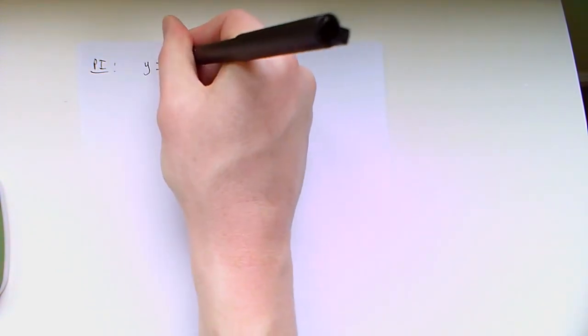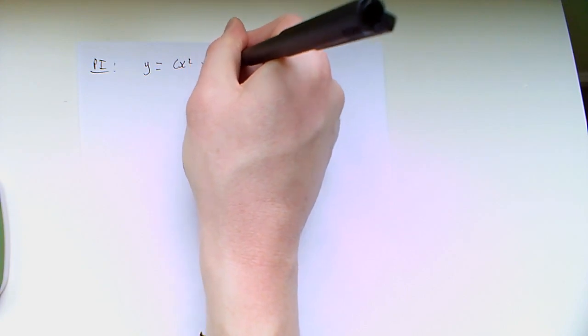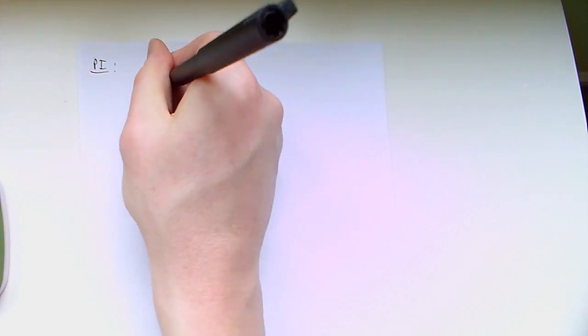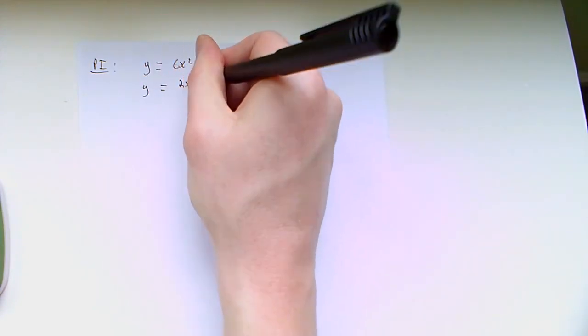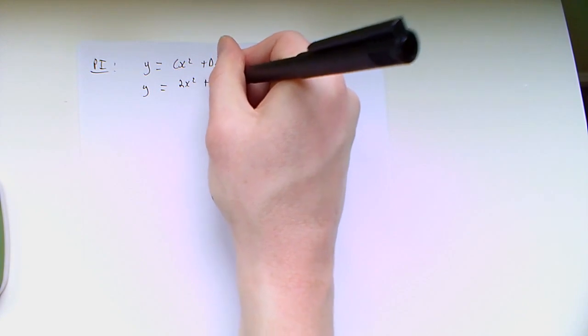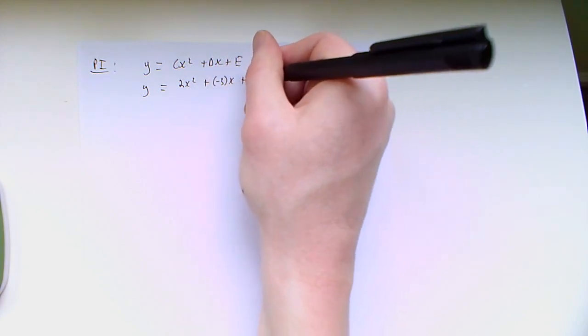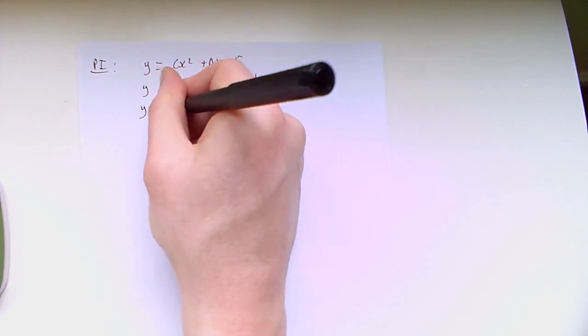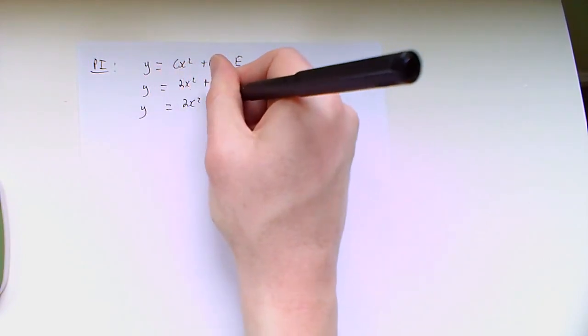So that means that my particular integral was cx squared plus dx plus e. That was my trial function. It all worked out, and it told me that c is 2, d is -3, and e is 1. So our particular integral is 2x squared take away 3x plus 1.